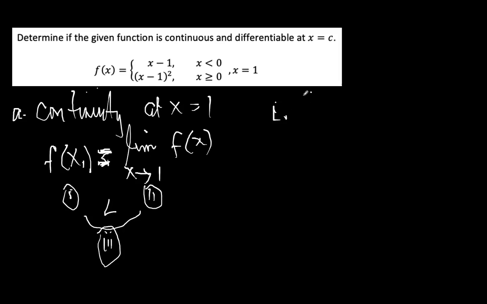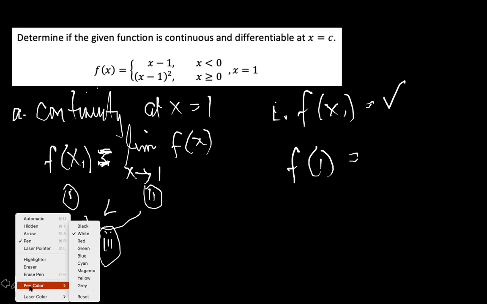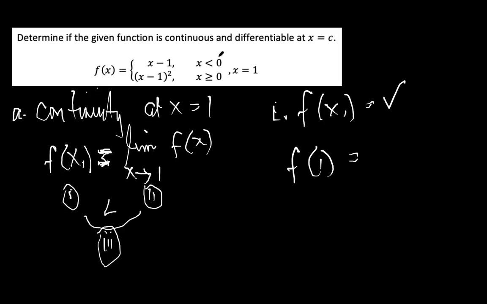Condition number 1: we need to check the function value at x sub 1. It should exist. So when x is equal to 1, f of 1 is equal to, which subfunction are we going to use? Of course, the second, because, oh, sorry. I think there's something wrong with the given condition. Sorry. So this must be 1.